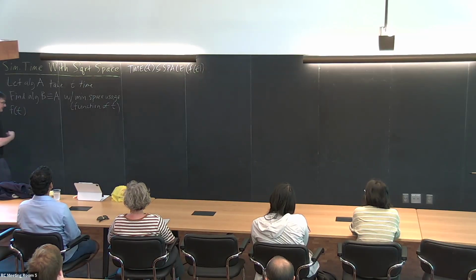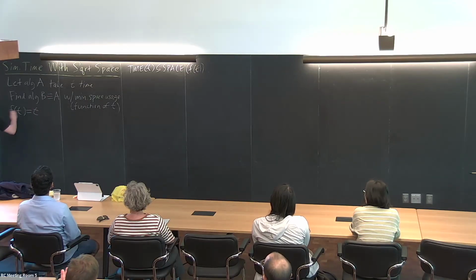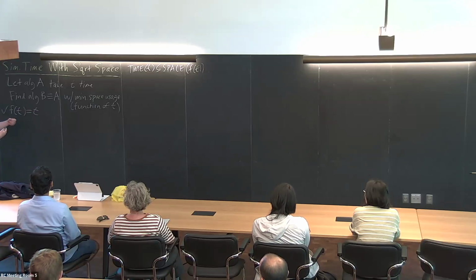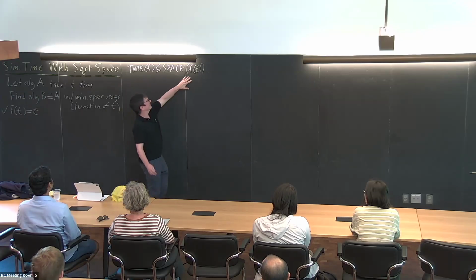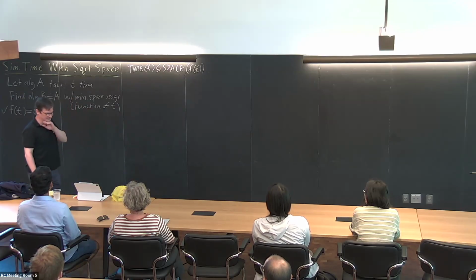We want f to grow as slowly as possible. So something like this is obvious for most models. We could occupy at most a constant number of bits in each new step, so anything running in time t will take order t space.